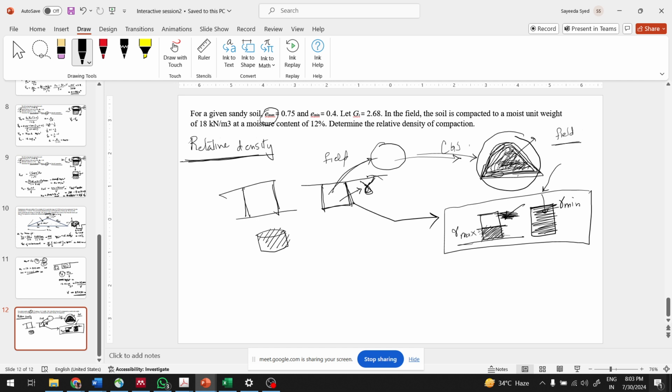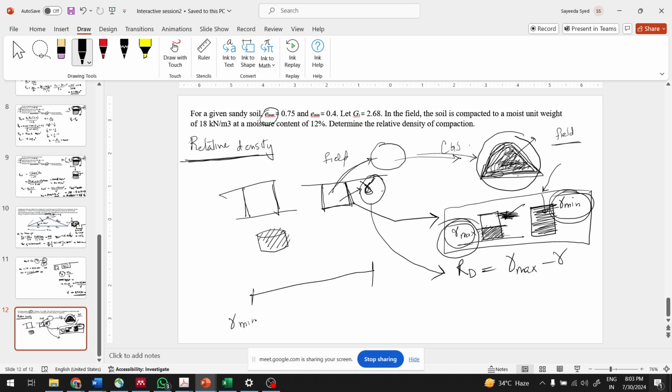Then I tell you what the gamma in the field is. Then you can make a judgment if this gamma is closer to gamma max or closer to gamma minimum. If it is close to gamma minimum, you will say that it's a loose soil. If it's close to gamma maximum, you will say it's a dense soil. So we calculate the relative density, like on a scale, if I have gamma minimum here and gamma maximum here, and this is where my density is.